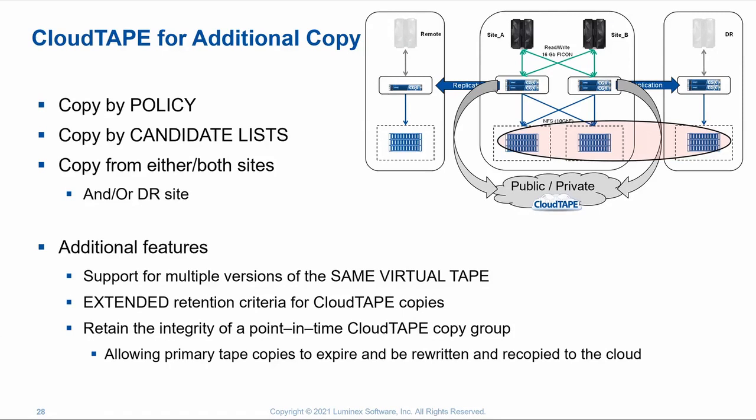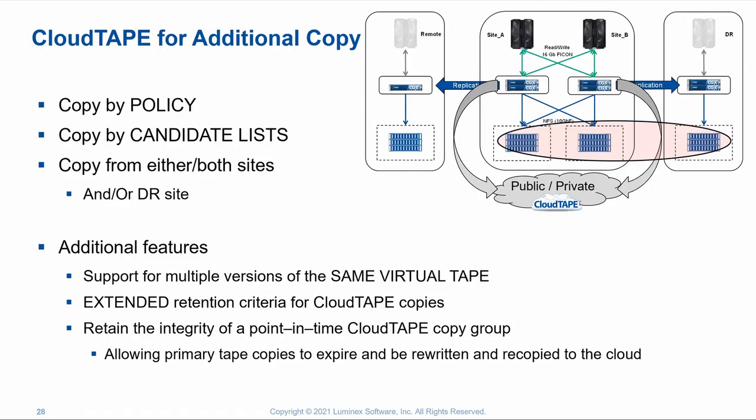So we have support for multiple versions of the same tape in a cloud. And this starts bringing in the capability of applying extended retention criteria for CloudTAPE copies. So this is a retention criteria outside of what you would apply to your primary tape catalog.